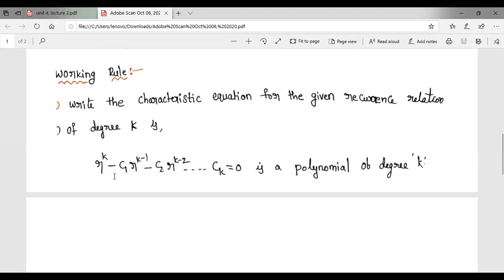In place of a_n with the degree k, we write r power k minus c1 r power k minus 1 minus c2 r power k minus 2 and so on minus ck is equal to 0.